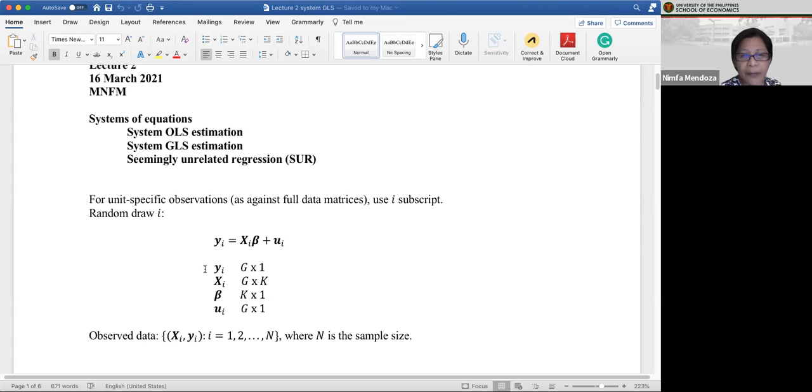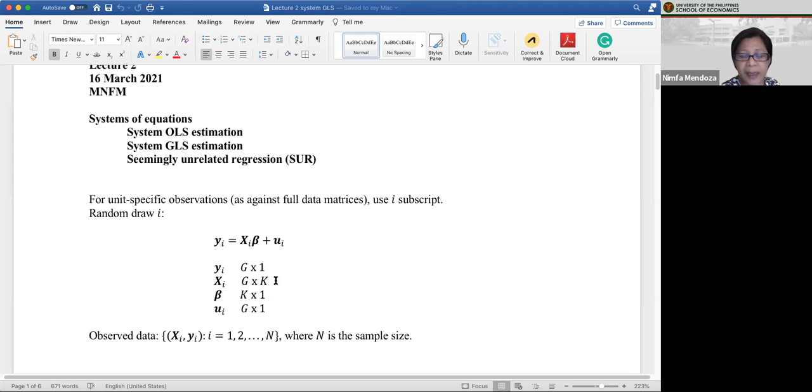For each equation, we have explanatory variables. These explanatory variables we can put in a matrix X sub i, which would be G by k. So you have G equations, explanatory variables for each of the equations, and a total of k parameters.